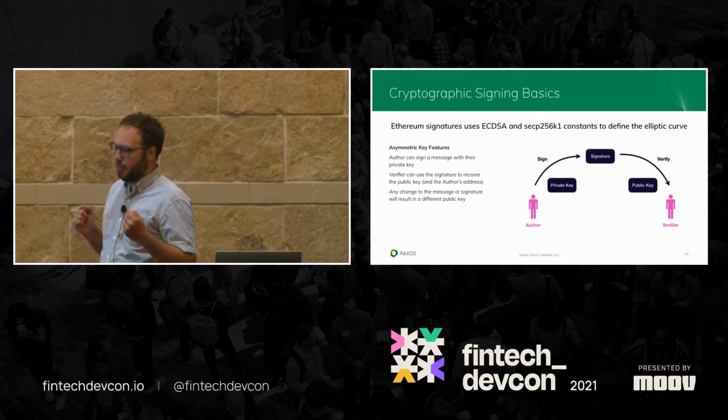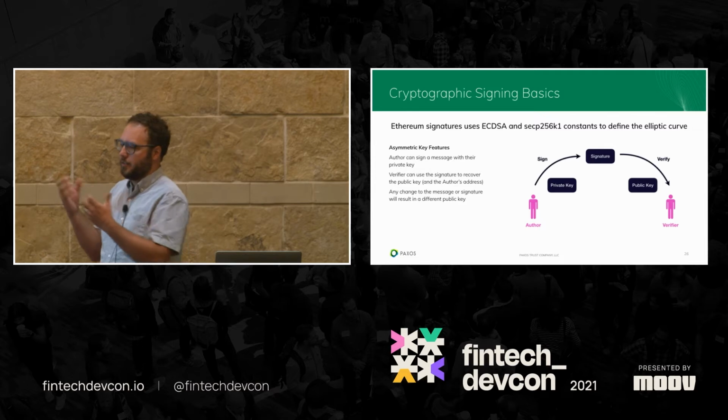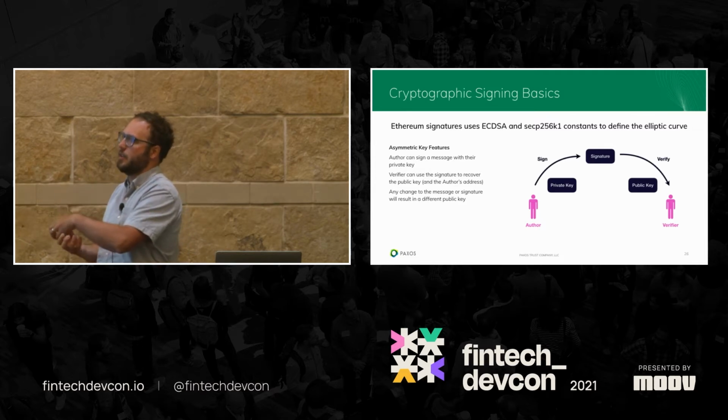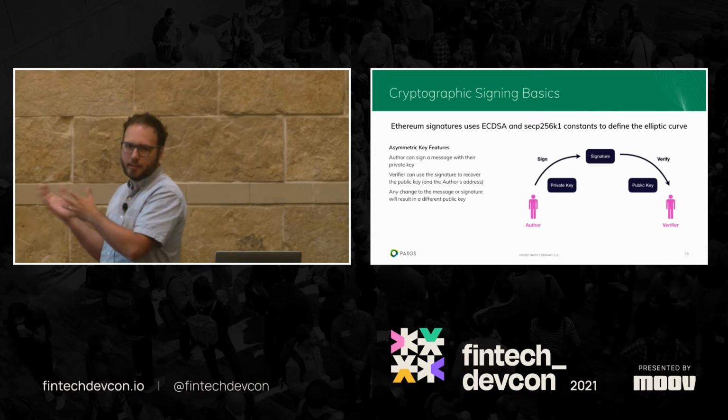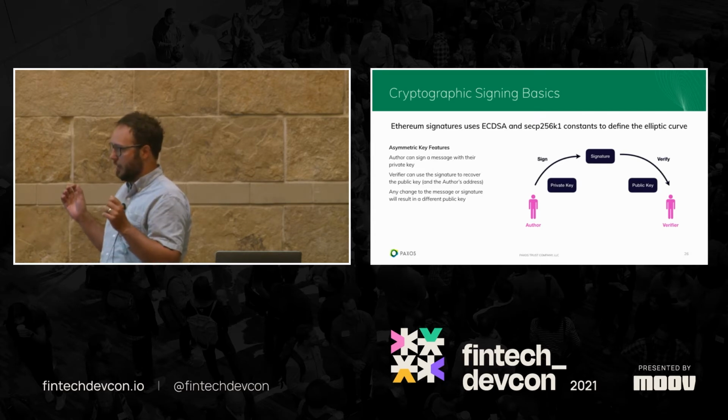And so when we're transferring tokens, it's the person who is debiting tokens, who's losing tokens, that has to sign the transaction to authorize that they're losing those tokens. So that's what's going on here.